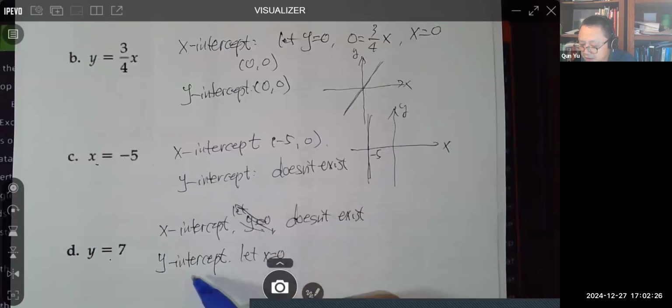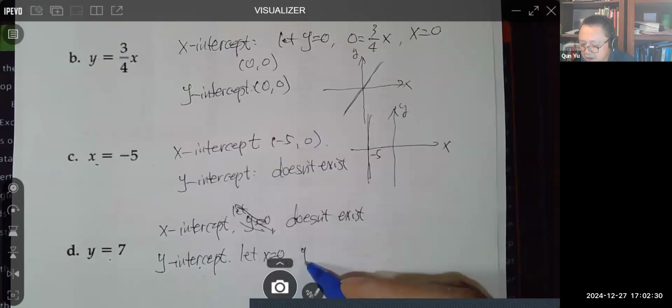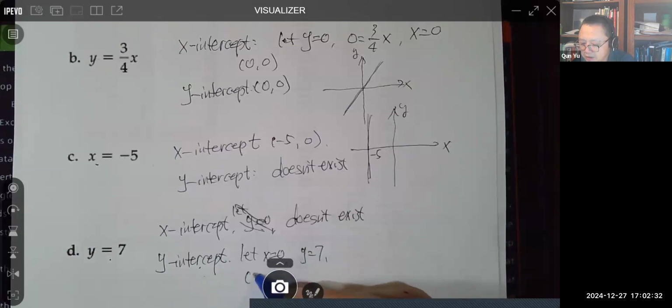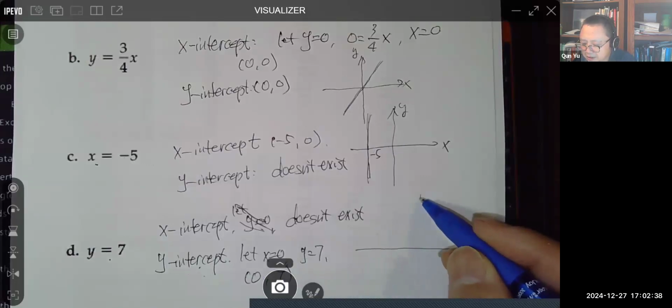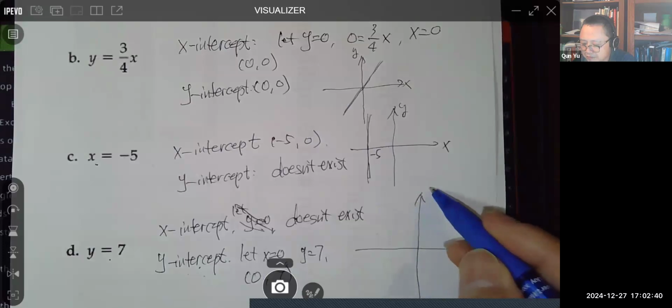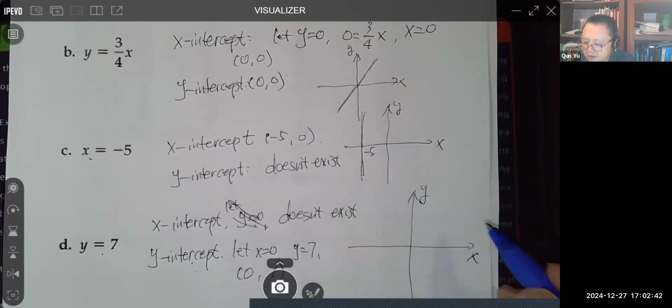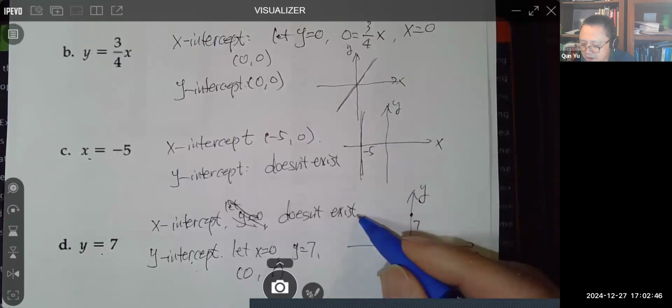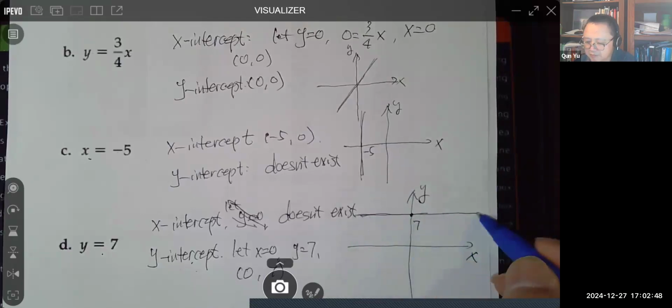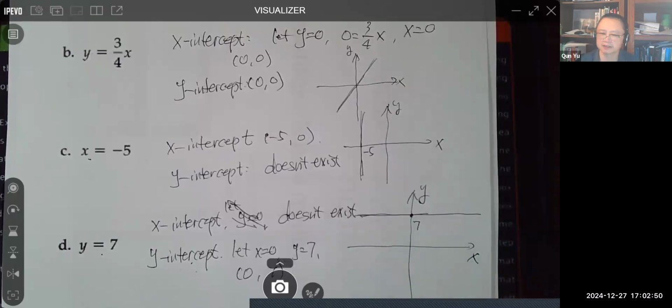But for the y-intercept, x has to be 0. So y equals 7. So our intercept is (0, 7). And as a matter of fact, it can be confirmed by this graph. For y equals 7, suppose this point is 7, it's a horizontal line. X doesn't matter, y is always 7. Sure, it doesn't have an x-intercept.